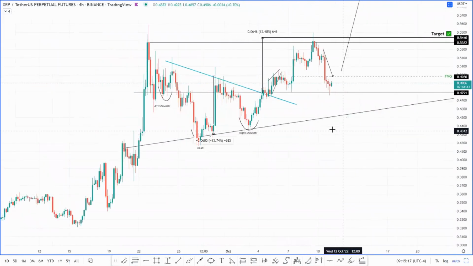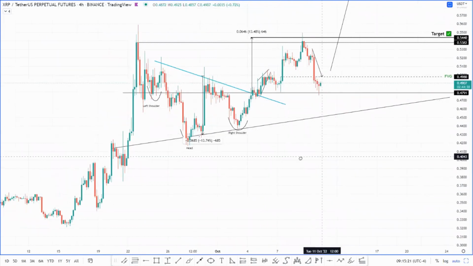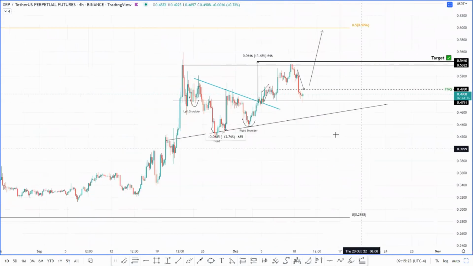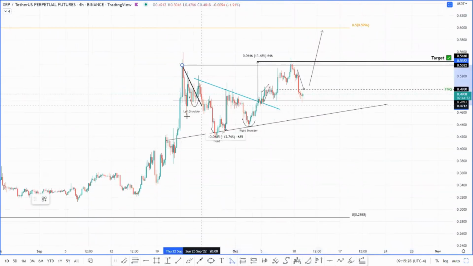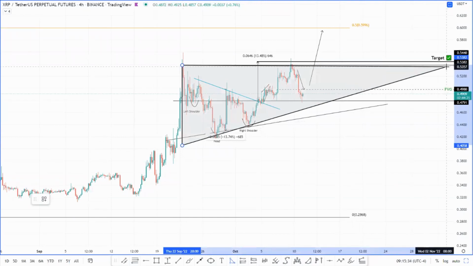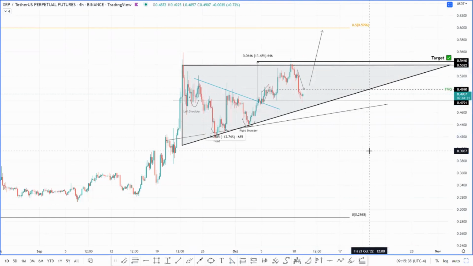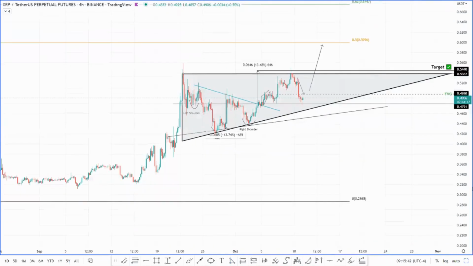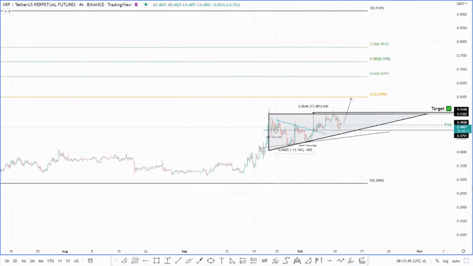Although it might seem like there are no trades happening right now, if we take a look at this particular structure as a whole, we're inside an ascending triangle, which is an extremely bullish pattern.